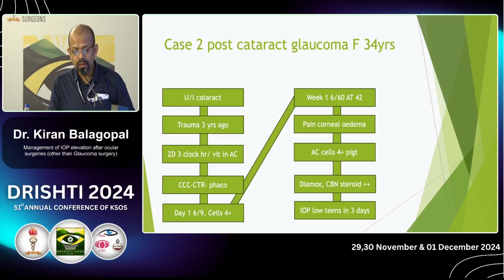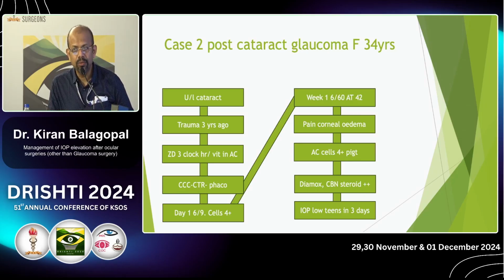With Diamox and Combigan and steroid hike, the IOP came down to the low teens in 3 days. And with maximal dilatation, I could find that some part of the IOL was probably outside the capsular bag. So I again took up the case to the OT and used some hooks to retract the iris and found that the edge of the haptic had come out through the CCC because the CCC was not well centered on the crystalline lens.